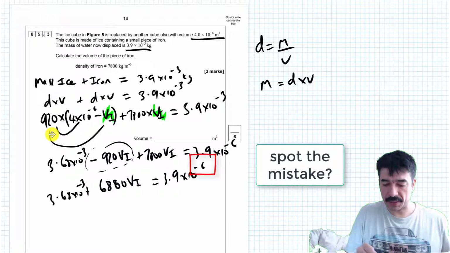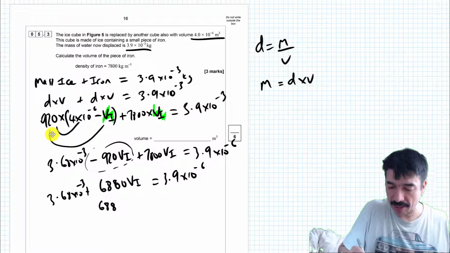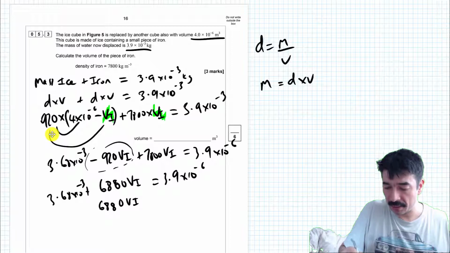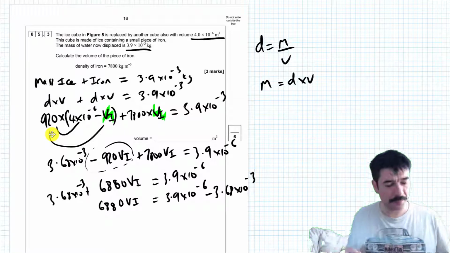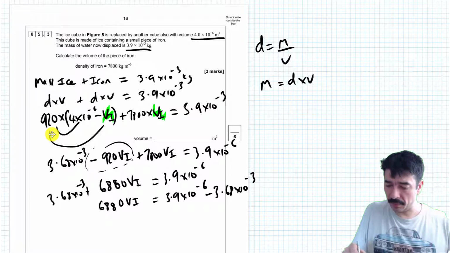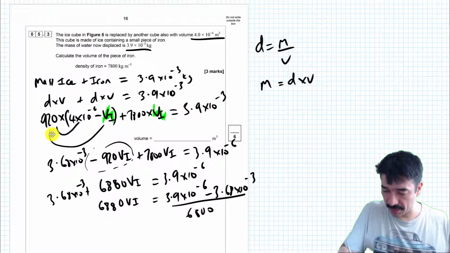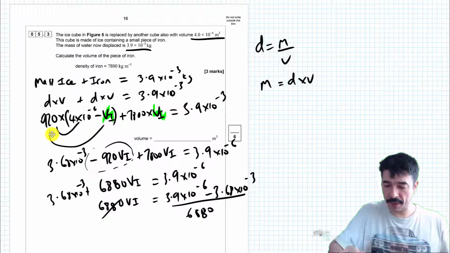If I subtract 3.68 times 10 to the minus 3 from both sides of the equation, I've got 6880 VI equals 3.9 times 10 to the minus 6 minus 3.68 times 10 to the minus 3. Okay, so if I evaluate all of this, divide by 6880, right, so that's gone from there, I can work out VI.